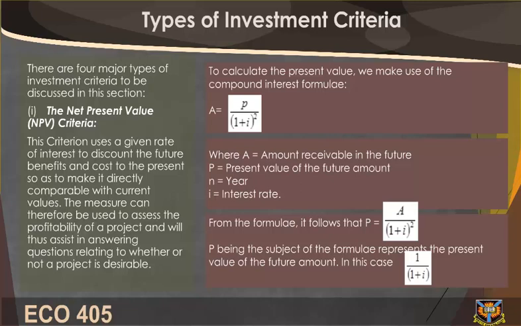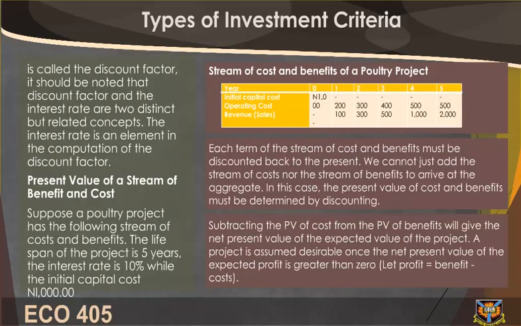From the formula, it follows that P is equal to that. P, being subject to the formula, represents the present value of the future amount. In this case, it is called the discount factor. It should be noted that discount factor and the interest rate are two distinct but related concepts. The interest rate is an element in the computation of discount factor.